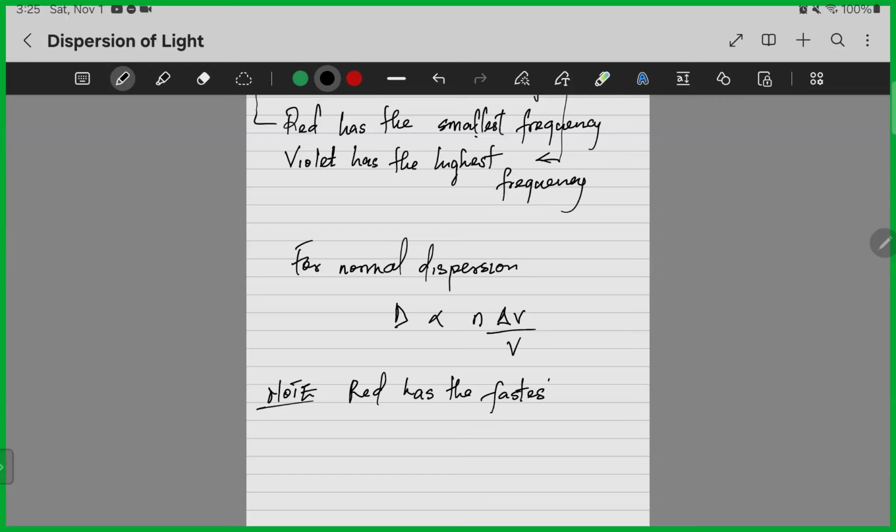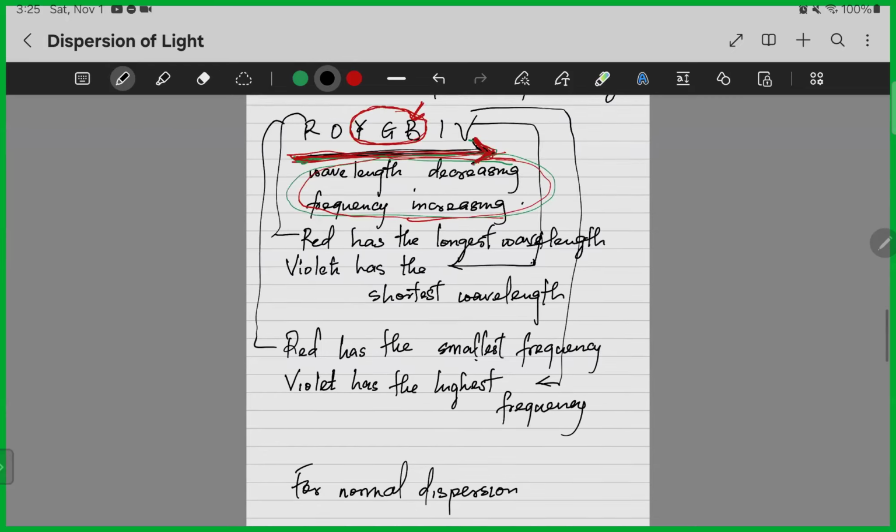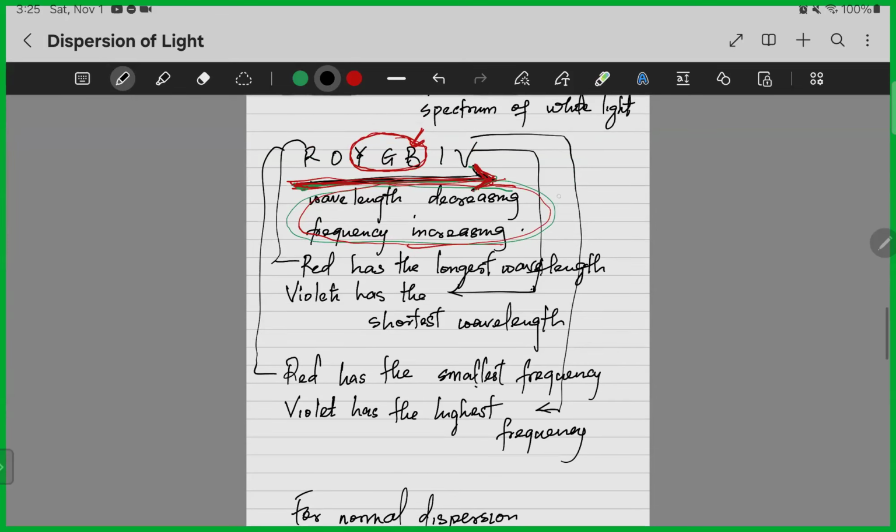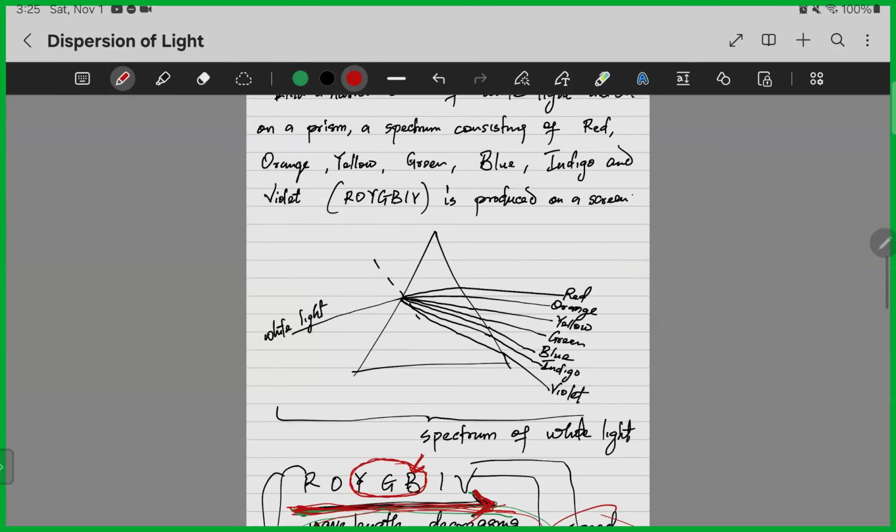It comes out first, of course, and so speed is also reducing from left to right. Let me add that, speed is decreasing too in that direction. See it from left to right, its speed is decreasing.